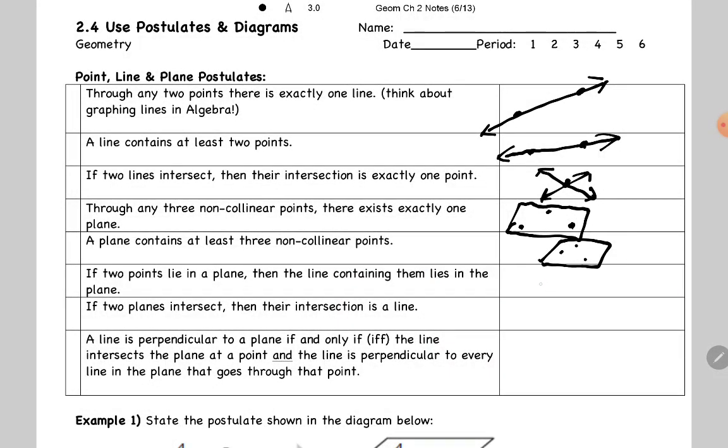If 2 points lie in a plane, then the line containing them lies in the plane. So this line is inside this plane. If 2 planes intersect, so we've seen this before, but let's try and do this here.